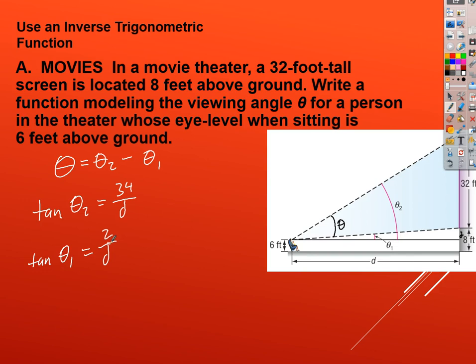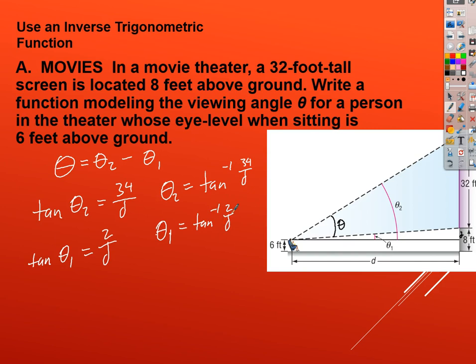I do inverse of tangent to both sides. If I do inverse of tangent to both sides, inverse tangent of tangent goes away, and all you get is theta 2 equals inverse tangent of 34 over d. Similarly, I can then say that theta 1 is equal to inverse tangent of 2 over d.